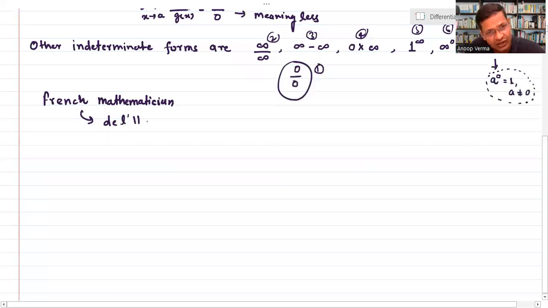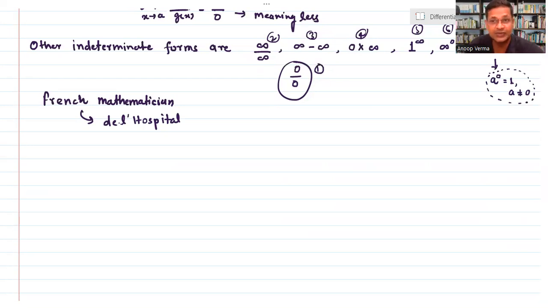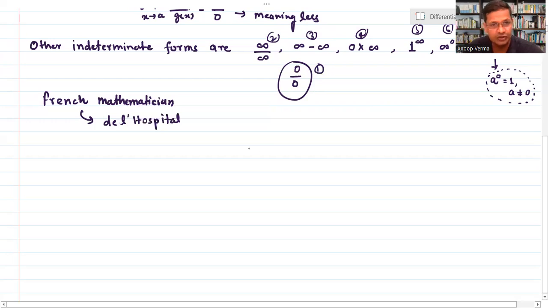Simply they say L Hospital, and some authors read it as the hospital rule, while some authors in their textbooks use the spelling hospital only. So here we will say L Hospital. This is a French mathematician, and the duration of his life is from 16 to 17.